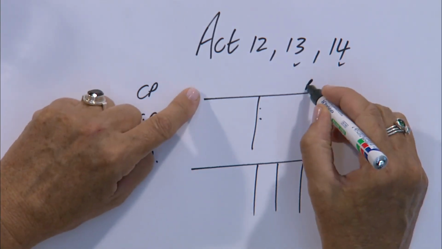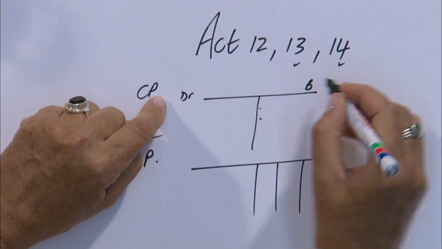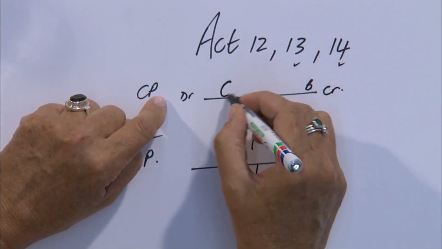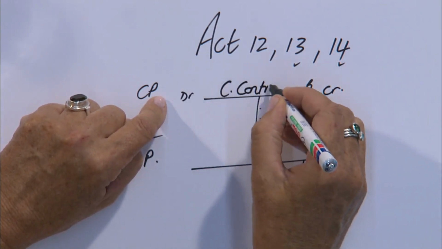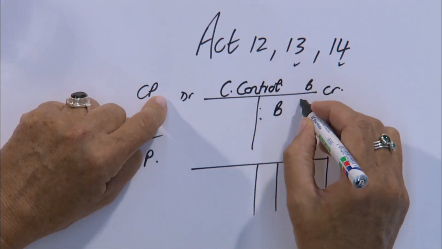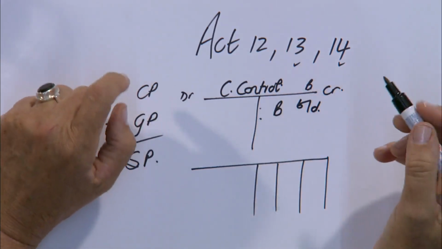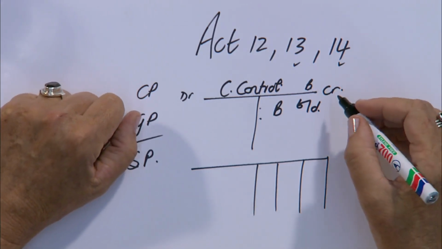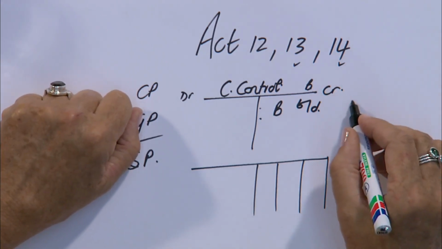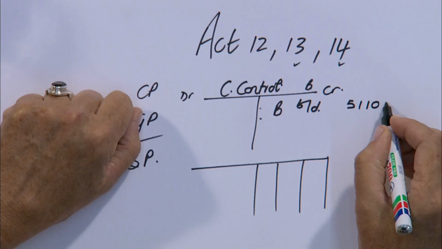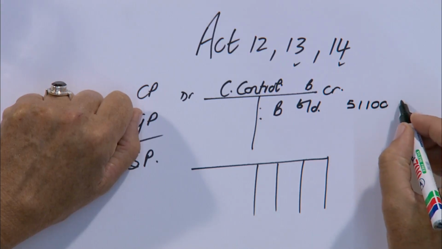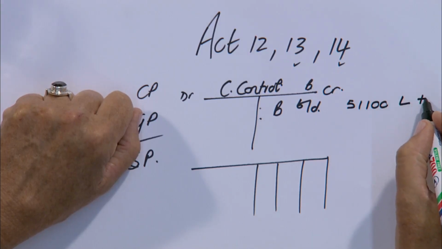A general ledger account has the debit there and the credit there, and let's make this creditors control and let's make it with a balance on that side. And they say that the balance at the end of the month is 51,100. Of course, it's credit because it's a liability.